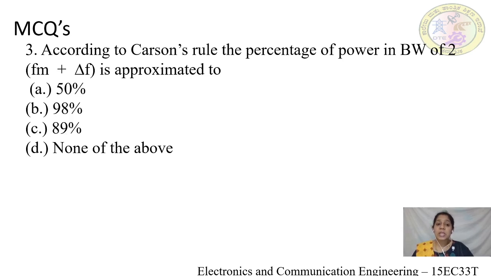Actually the transmission bandwidth of an FM signal is infinite, but Carson states that the transmission bandwidth can be limited to 2 times delta F plus fm, as the maximum power, that is 98% of the power, will be within that bandwidth. So hence option B is the correct answer, that is 98%.